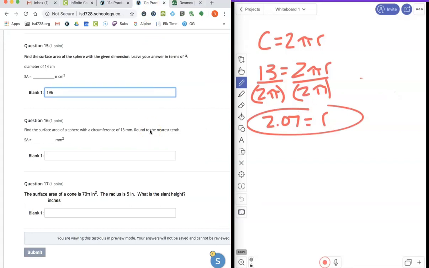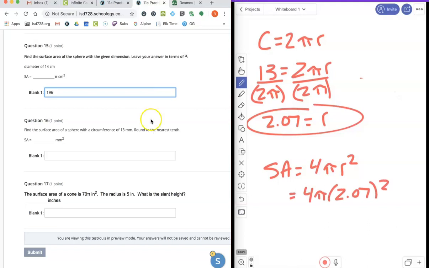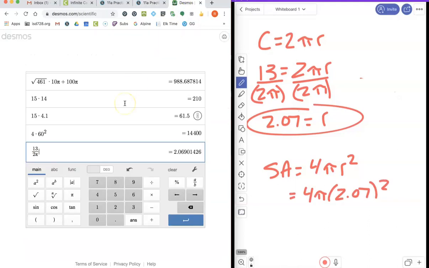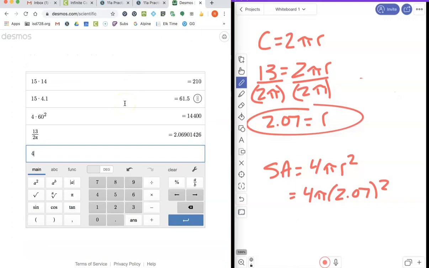All right, now we're going to get the surface area of that sphere. So we're going to go back to our 4 pi r squared formula. So 4 pi times 2.07 squared. Let's punch that in. So we're going to do 4 times pi times 2.07, and that is going to be squared.